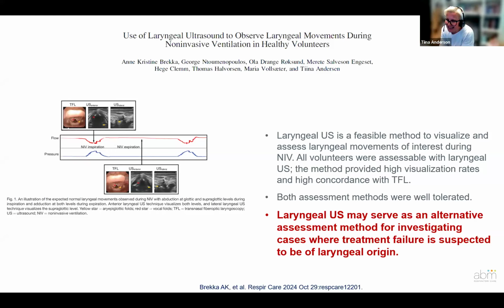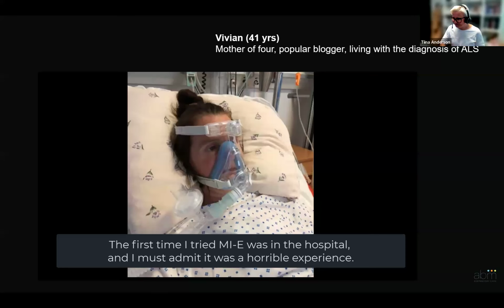This was published last year in Respiratory Care, where we compared transnasal fiber optic laryngoscopy and laryngeal ultrasound, performed both from the front and from the side during NIV in healthy volunteers. And we showed that, okay, yes, you can also see these things with ultrasound, and it's even less invasive. It's more available. So what not to like?